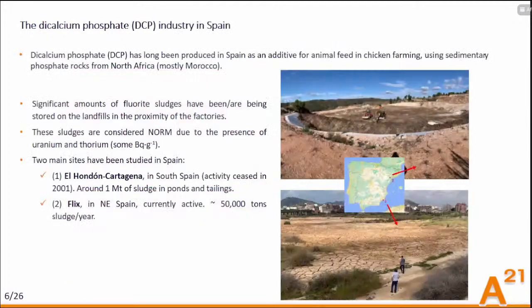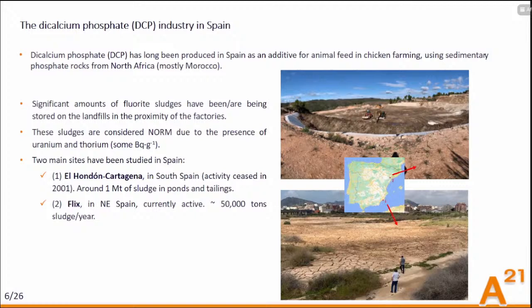So what actually is dicalcium phosphate? It's usually produced and used as an additive to animal feed, mostly in chicken farming, but also added to some other food products. And in Spain, as I mentioned, they have used sedimentary phosphate rocks, mostly from North Africa, Morocco, or Tunisia.